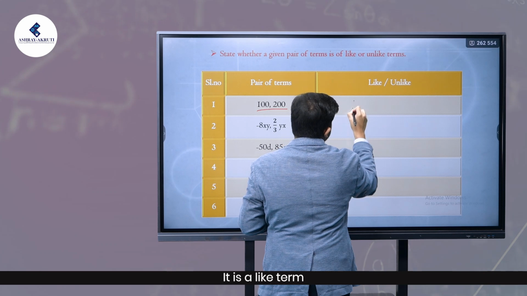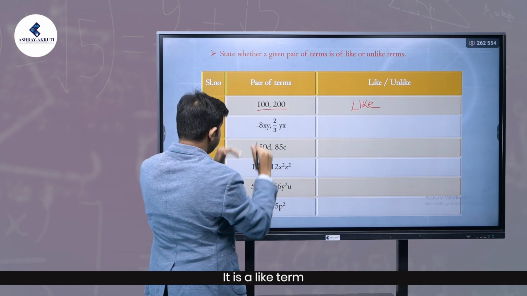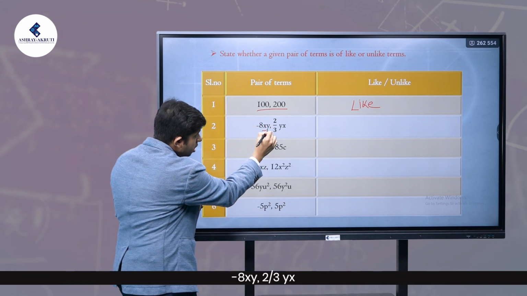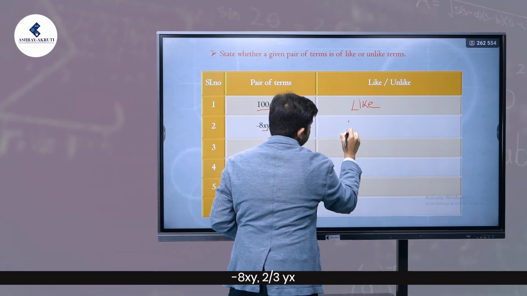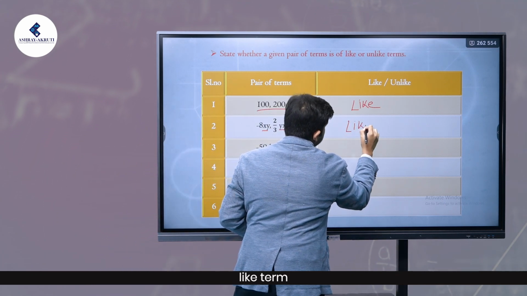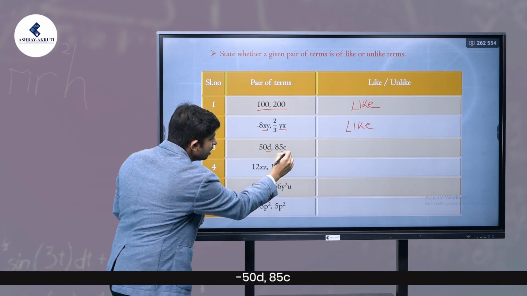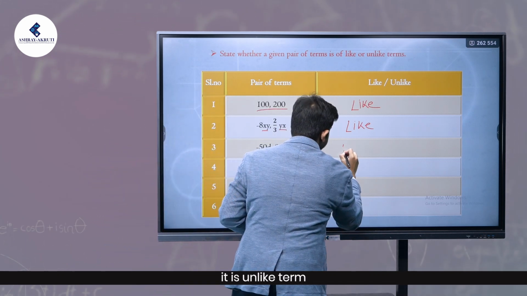It is a like term. Second, minus 8xy, comma 2 by 3 yx. It is a like term. Minus 50d, comma 85c. It is an unlike term.